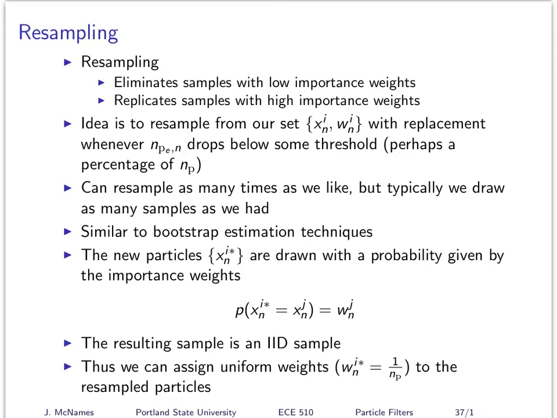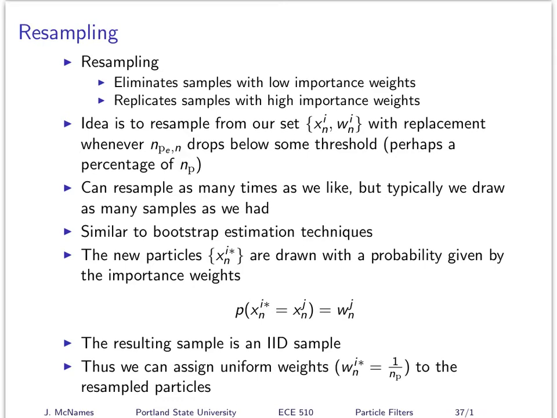So after this resampling process, we have a lot of twins, or not even twins, triplicates. We have a lot of particles that have exactly the same historical trajectory. But as they move ahead, they split off and start becoming different. When we do this resampling, we're leaving some behind and we're replicating others.